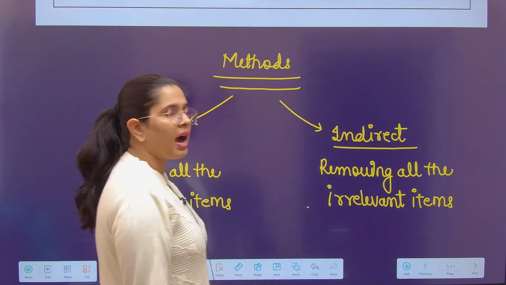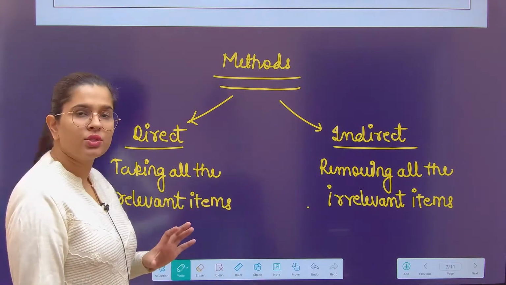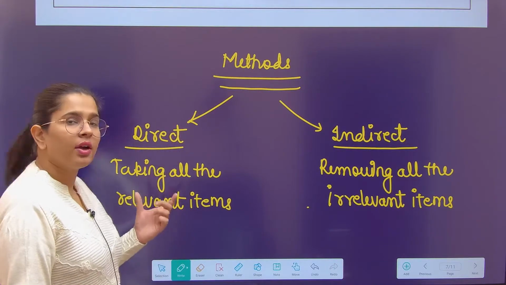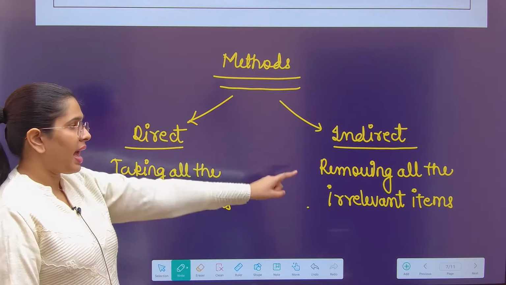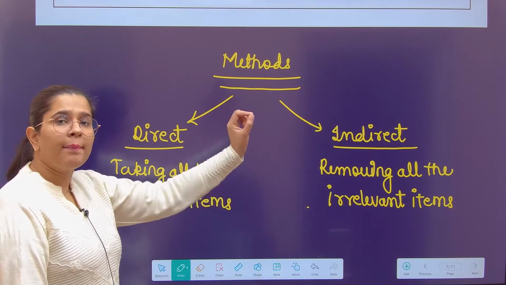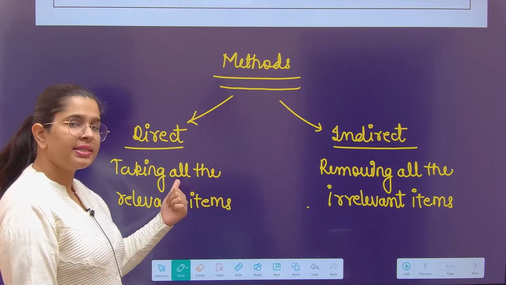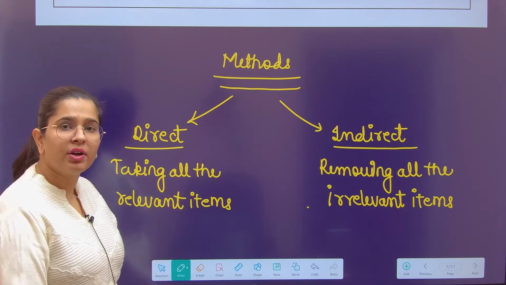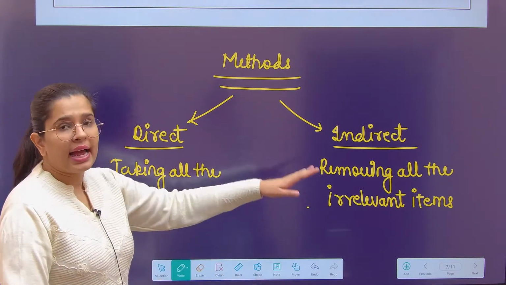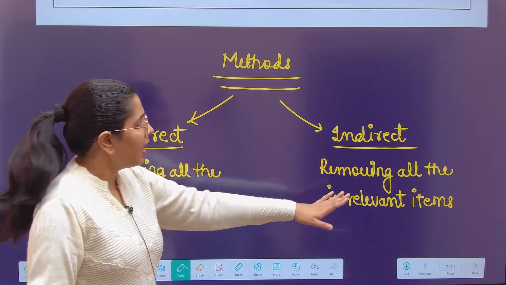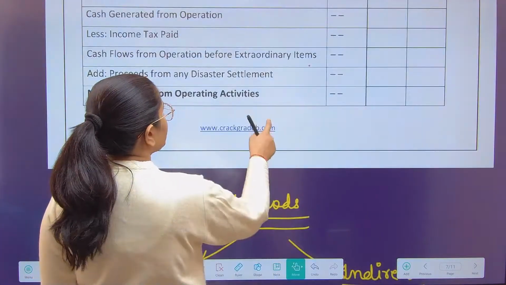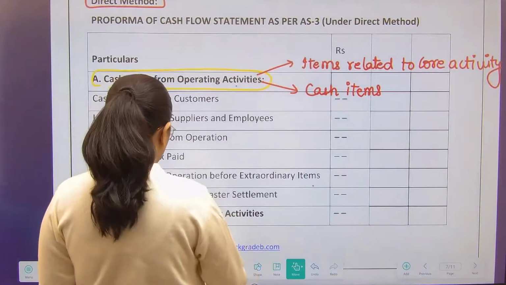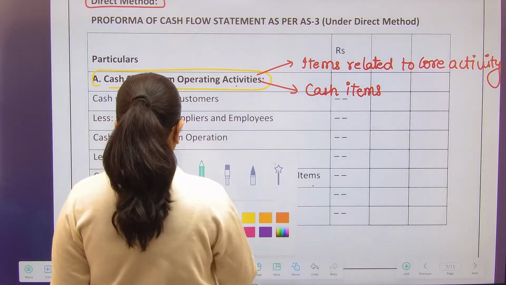So this will be our motto when we discuss these two methods. Direct: take all relevant items, ignore the irrelevant items. There you will be doing back calculation. Here it is direct calculation. Indirect method will call for back calculation, that means you are removing all the irrelevant items. Now remember this in mind and see what all you need to calculate over here.